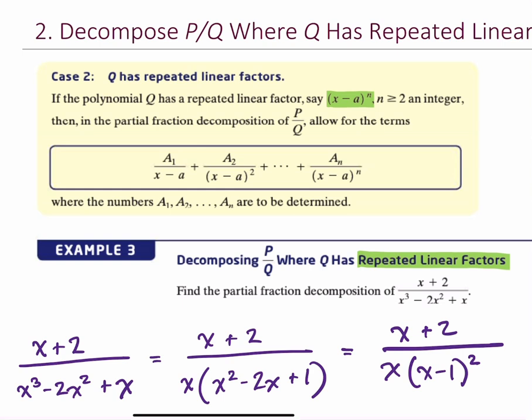Then we split that up into separate fractions where we build up to the power. So they're just saying this is some general power of n. So we would have our first fraction with x minus a to the first power, then x minus a to the second power in a second fraction. And this continues until we reach whatever the level of our original power was.